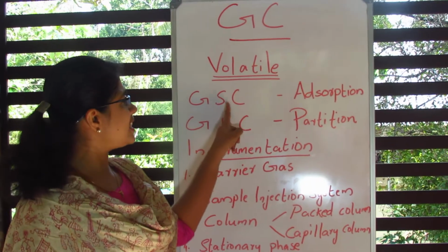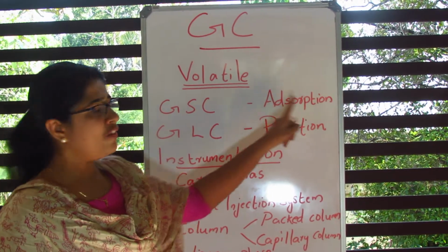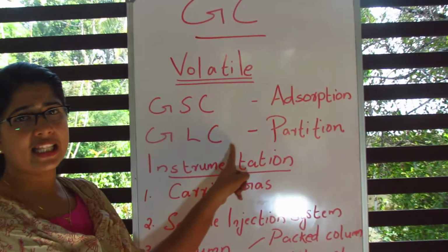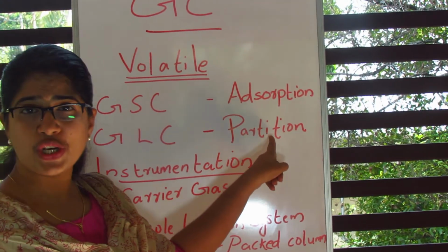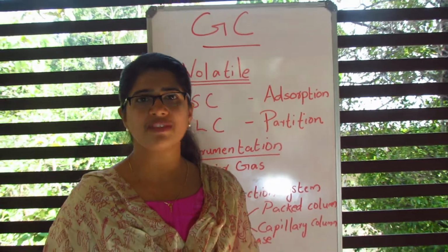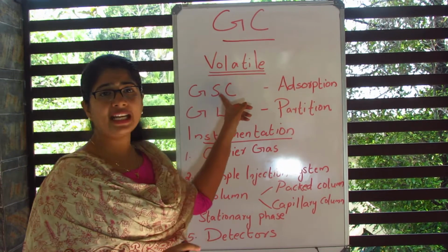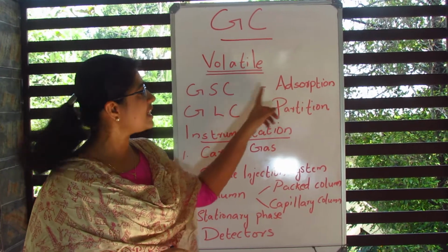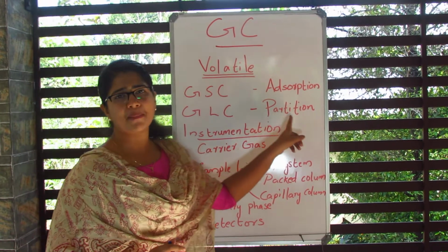In GSC, the principle is adsorption, whereas in GLC, the principle is partition. Partition means the ratio of solubility of components in the mobile phase as well as in the liquid phase. Liquid phase is stationary here. So once again, the principle of GSC is adsorption and the principle of GLC is partition.